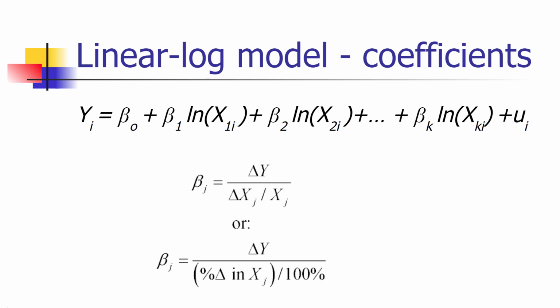Another way of putting it is that beta j is telling you how y changes when x is changing by a given percentage. This model would be appropriate if you believe that the change in the dependent variable that occurs is affected not by the change in the level of x, but by the percentage change in x.